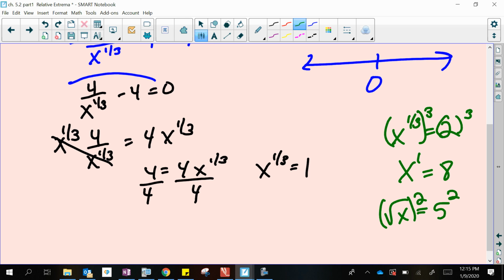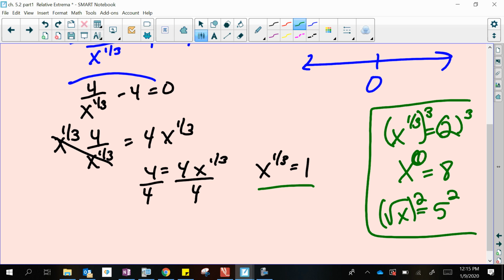And this is the same as x to the 1/2, right? So anytime you have x to some fractional exponent equal to a number, you have to undo that root by taking it to that power. Does that make sense? Because your goal is to get it to x to the first. All right? Okay, so again, this doesn't have anything to do with this problem in particular, but it's how we get here.